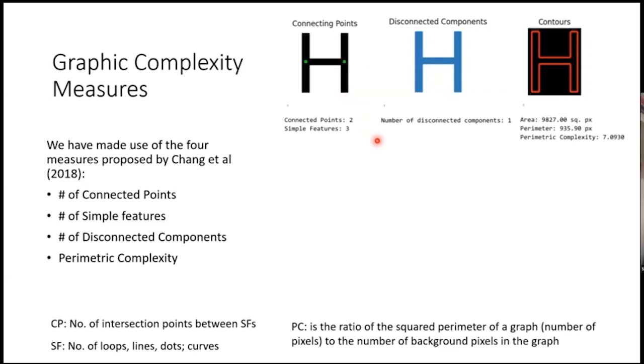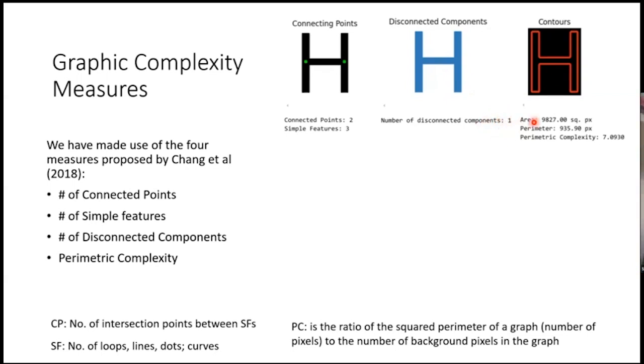And if we draw a character with a connected pen like this, the whole H is a single stroke. We can draw it in a single stroke. So it will become a disconnected component on its own.